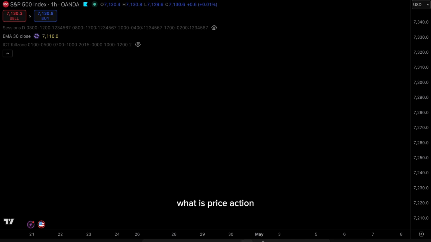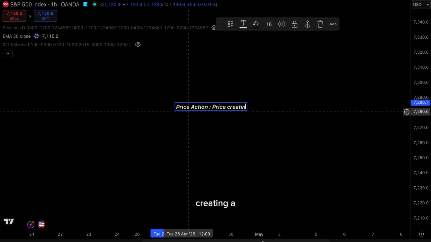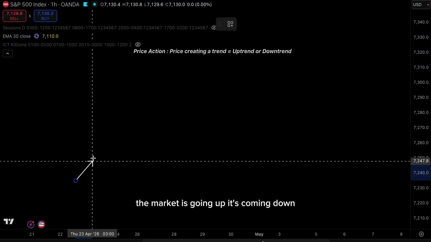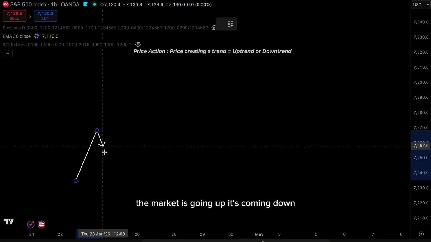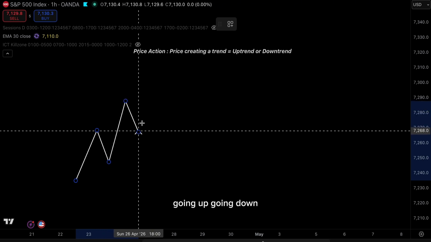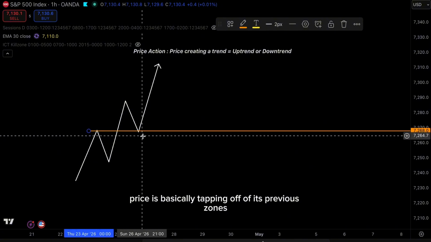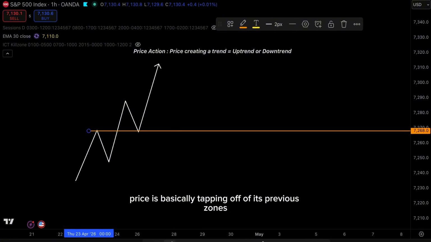What is price action? Price action is basically price creating a trend, either an uptrend or a downtrend. The market is going up, it's coming down, going up, going down, going up. Price is basically tapping off of its previous zones.